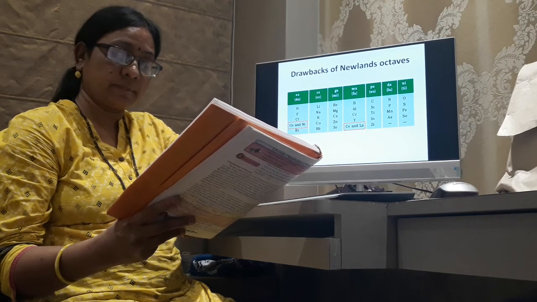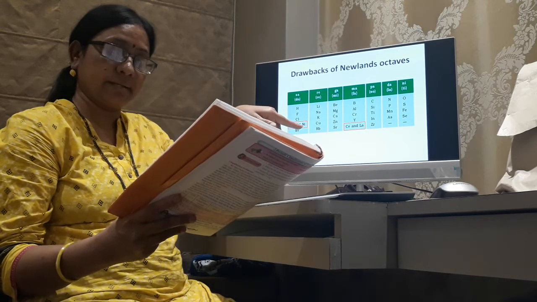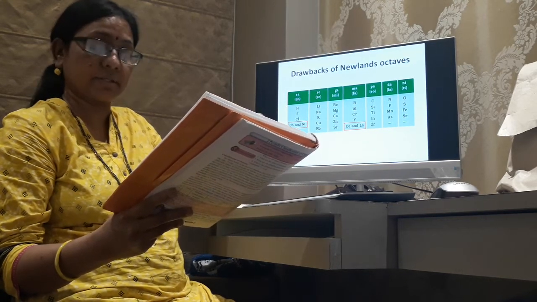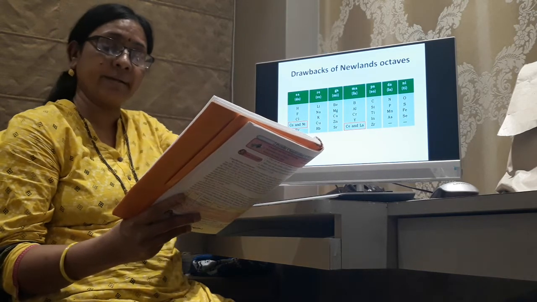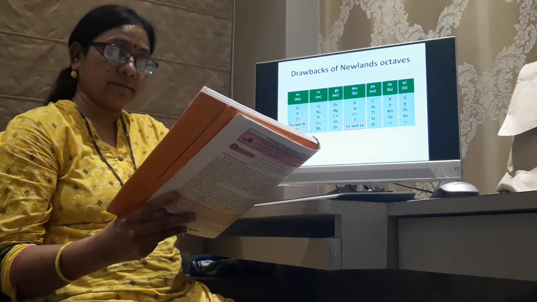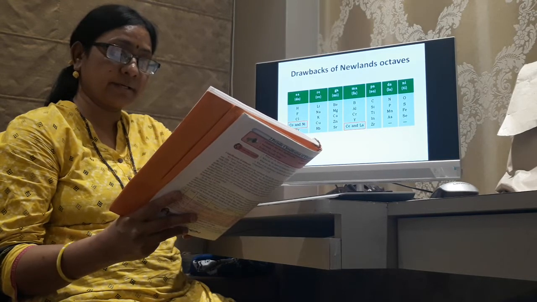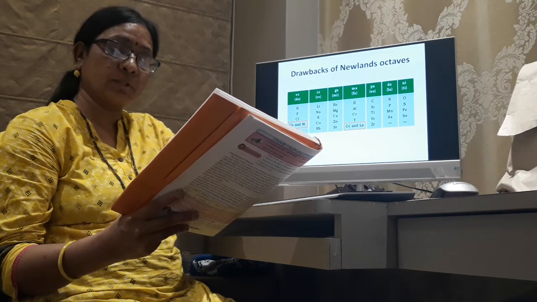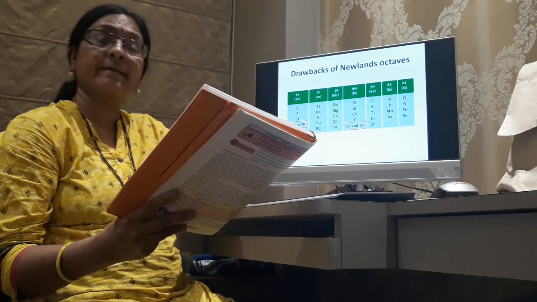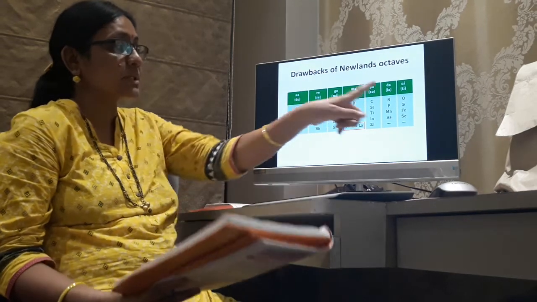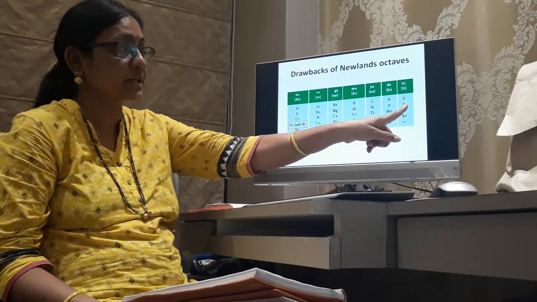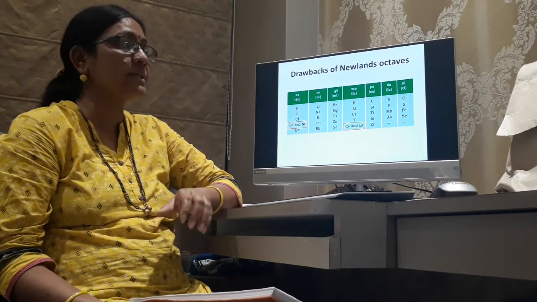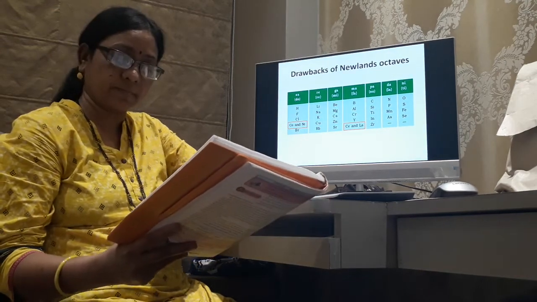For example, Newlands placed the metals cobalt and nickel under the note Do along with halogens, that is fluorine, chlorine and bromine, while Fe, that is iron, having similarity with cobalt and nickel, was placed away from them along with the non-metals oxygen and sulfur under the note Ti. Here you can see oxygen and sulfur. Iron is placed with them where the properties of iron do not match with the non-metals.